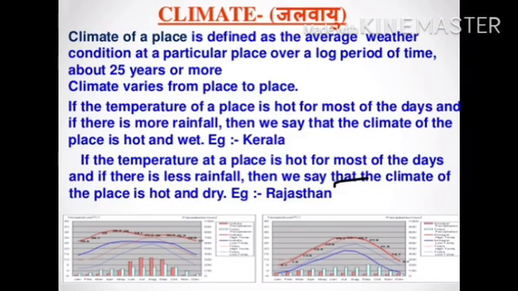If the temperature of a place is hot for most of the days and there is most rainfall, then we say that the climate of the place is hot and wet, example, Kerala. If the temperature at a place is hot for most of the day and there is less rainfall, then we say that the climate of the place is hot and dry, like Rajasthan.